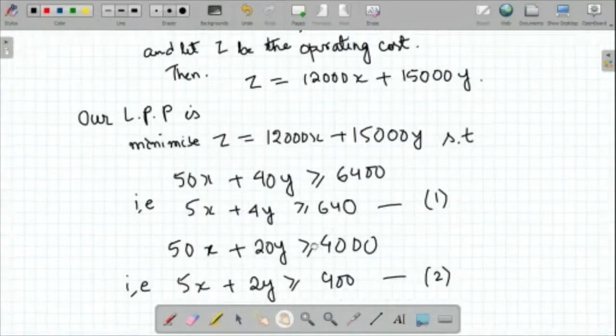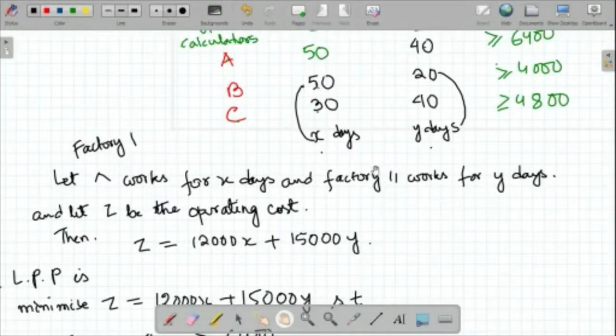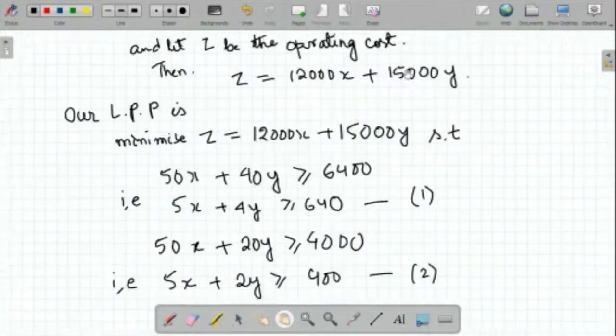Now similarly, calculator C, minimum 4,800. Factory 1 produces 30 per day, times x, and 40 times of y.